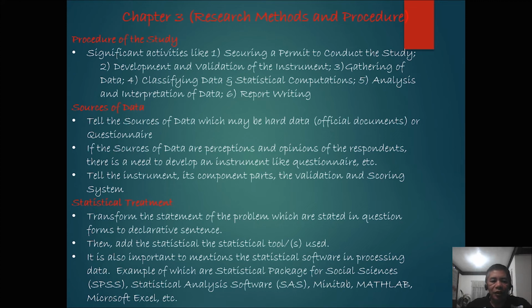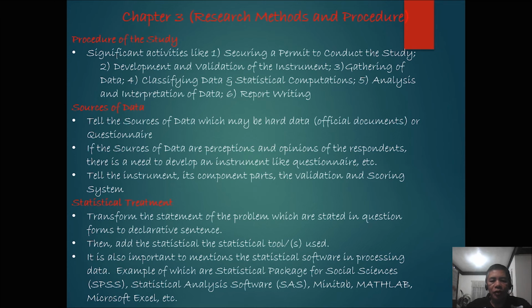Okay? And the last one is statistical treatment. In discussing this statistical treatment, you need to transform the statements of the problem, which are stated in question form, to declarative sentences. Then you add the statistical tool or tools used.